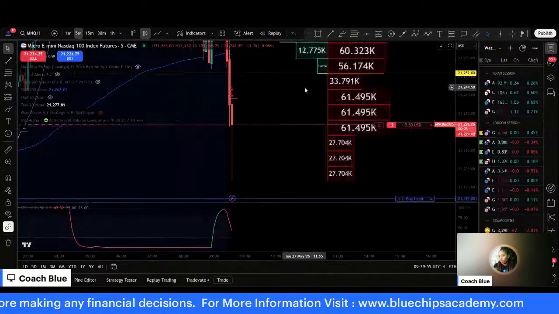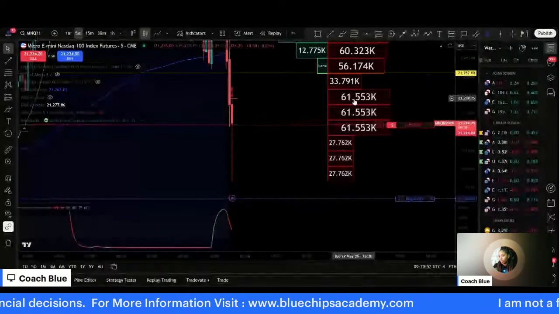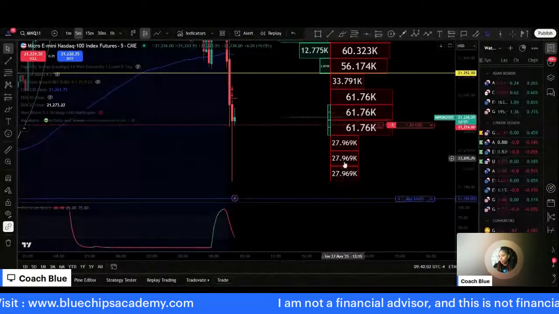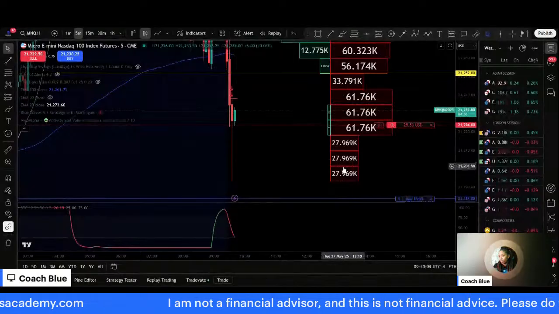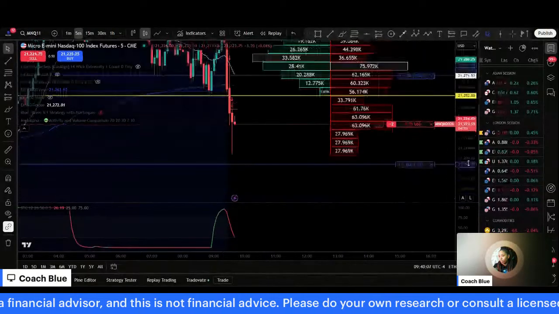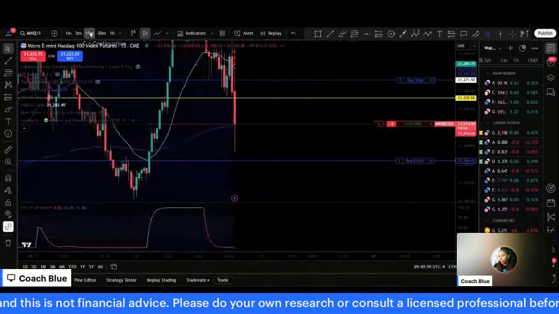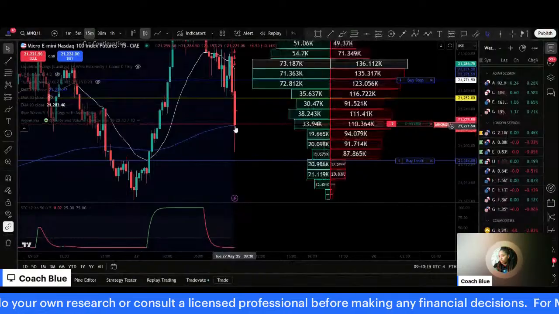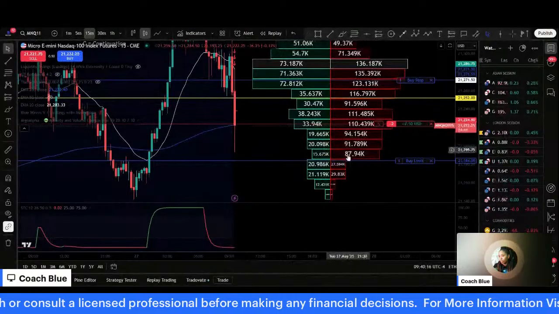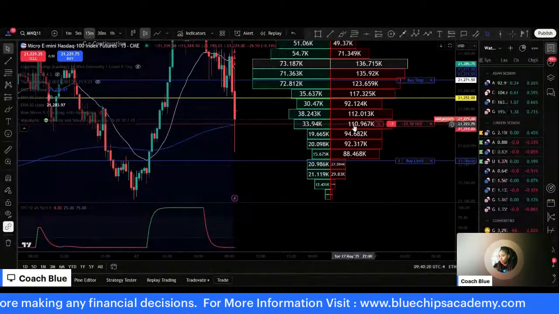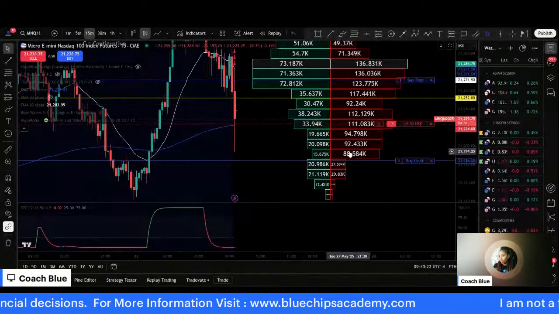Based on where we are, it's saying that there are more sellers in this area than there are buyers. So there is a chance that we could get continuation, but let's go look at the 15-minute too, because we are right here by the 200 on the 15-minute. Based on the 15-minute, it's saying that we do have a lot more sellers than buyers.